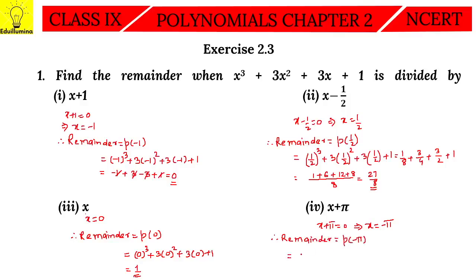Now putting x equal to minus pi in the given polynomial, we get minus pi whole cube plus 3 into minus pi whole square plus 3 into minus pi plus 1. Minus pi whole cube is minus pi cube, plus 3 minus pi square is 3 pi square. 3 into minus pi is minus 3 pi plus 1. So this is the remainder.